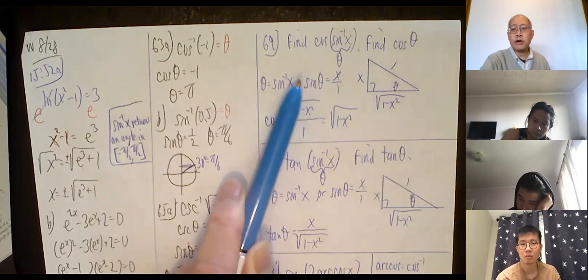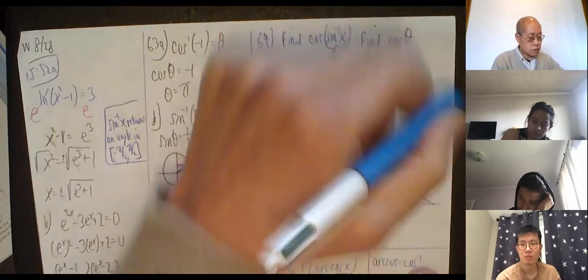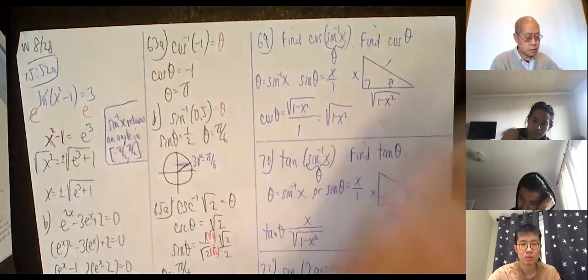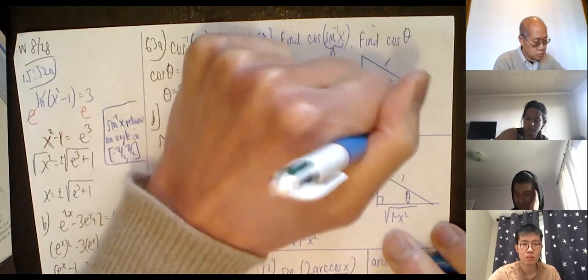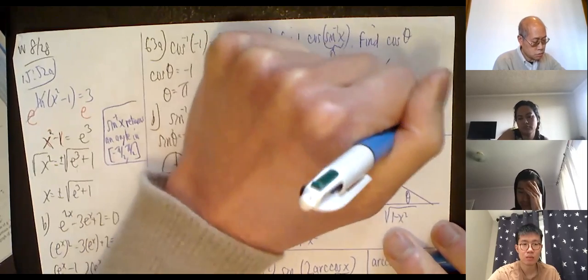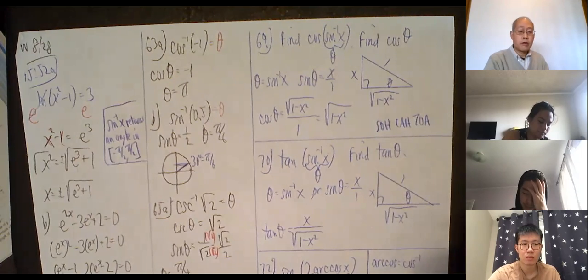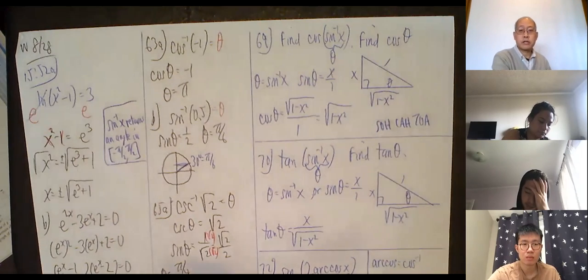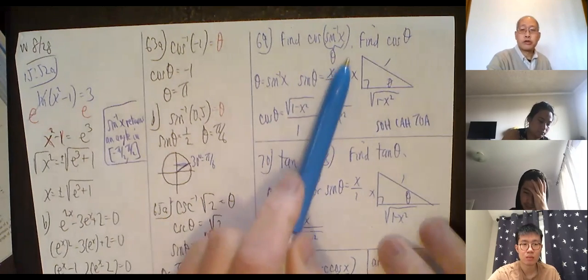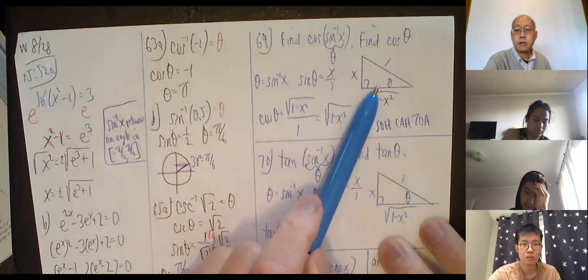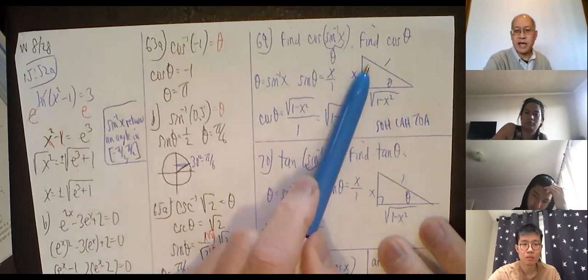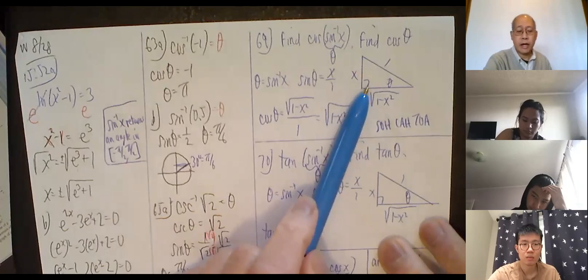Now I do my SOHCAHTOA. If you forgot it, you can put it on your cheat sheet if you wish. All right, so I draw myself a triangle. I put theta here. You can put theta there, whatever. And here's the right angle.